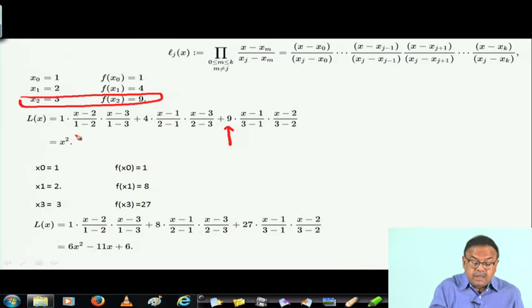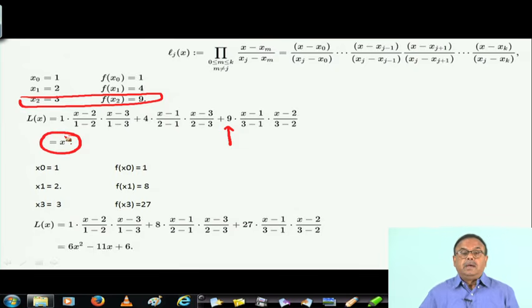If I solve this, I get the polynomial x square. Possibly you can see that it is a perfect fit with the given data points. For x 1, f x is x square, that is 1, for 2 it is x square, 4, for 3 it is x square, 9. So, in this case there is no error, it is absolutely a perfect fit.